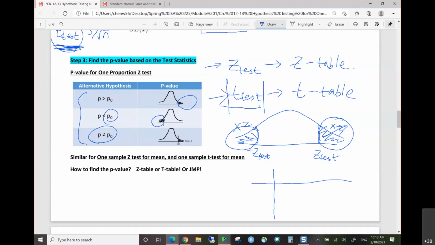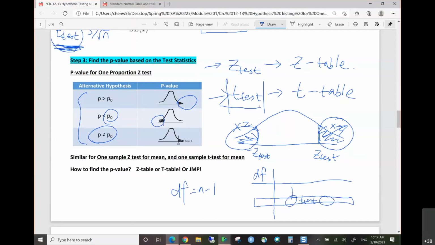So from the t-table, we have the vertical axis as the degrees of freedom. That means we need to first fix the line of degrees of freedom, which is n minus 1. Suppose this is my degrees of freedom line, right? Then you find your t-test statistic is between two values in this line.